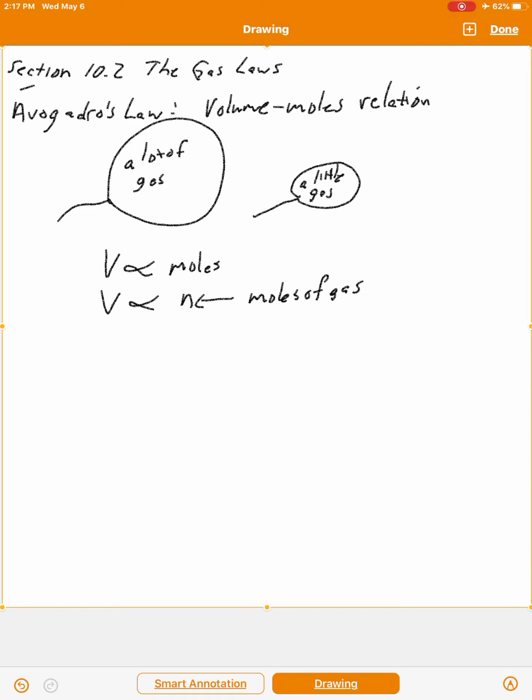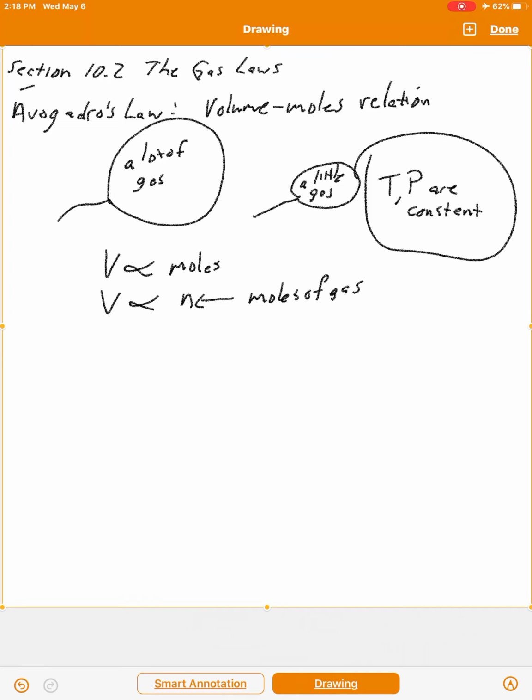Just like the other two relations, Boyle's law and Charles's law, or Gay-Lussac, the assumption here is that the temperature and the pressure are constant. If they are not, then Avogadro's law fails and we have to use a more sophisticated relation. Okay?